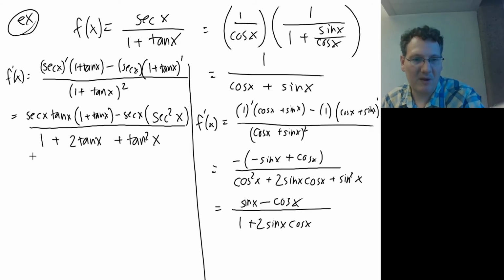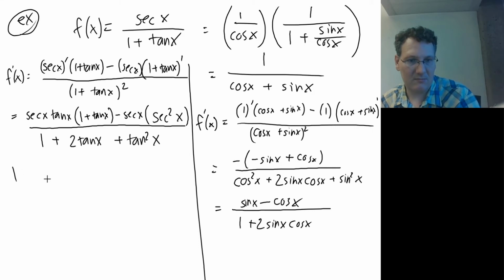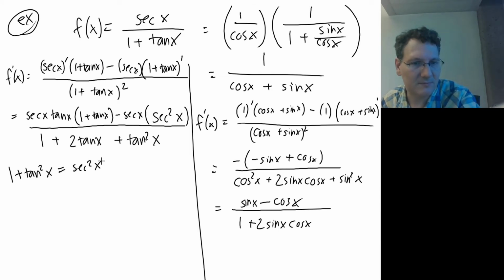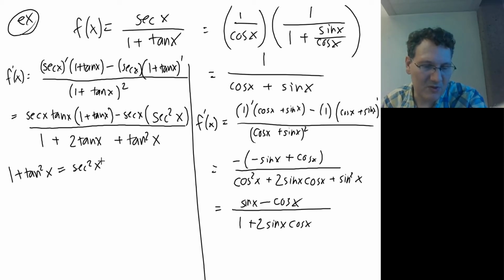Now you might not remember all of your Pythagorean identities, but 1 plus the tangent squared of x is equal to the secant squared of x. Do you remember that one? If you multiply through by the cosine squared of x, what you get is cosine squared plus sine squared equals 1.